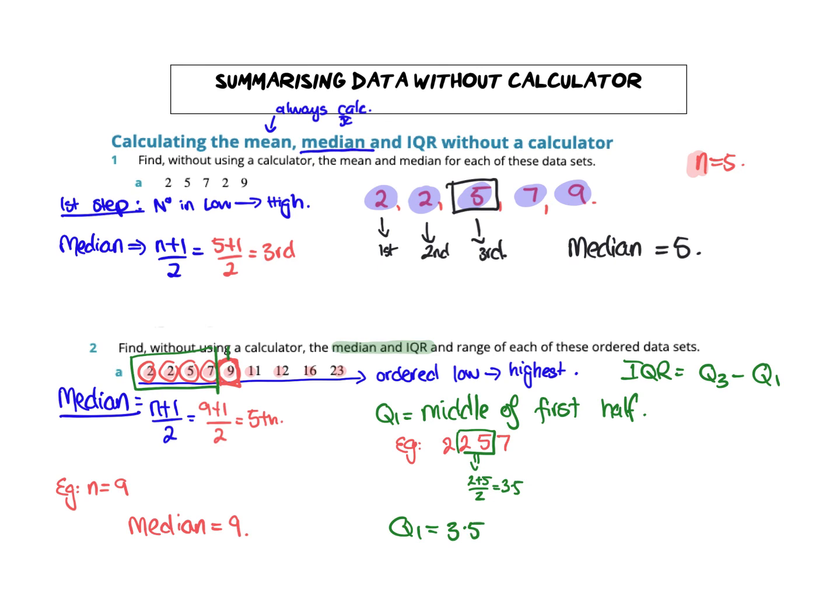So we've got Q1. Now Q3 is the middle of the top half. It's like finding the median of the top half. If you look at our example, our top half is 11, 12, 16 and 23. Because it's an even set of numbers, it's in between these two.